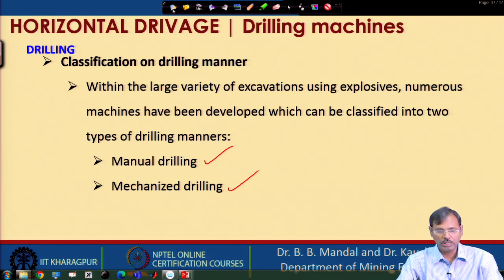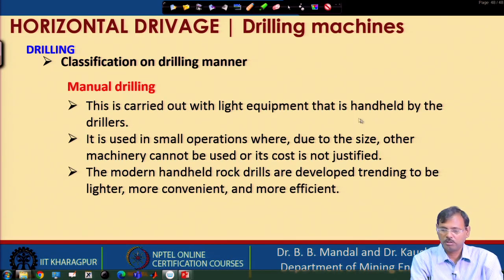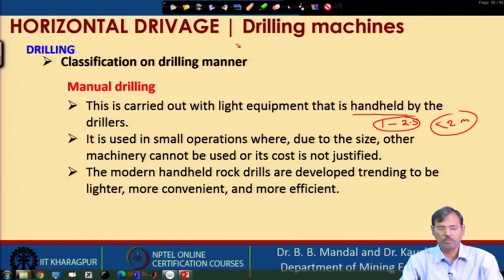In case of manual drilling, generally handheld drilling tools are used, and that is why the drill length is small, generally 1 to 2.5 meters maximum, and often it is kept less than 2 meters. So, that it can be easy for the drill operators.